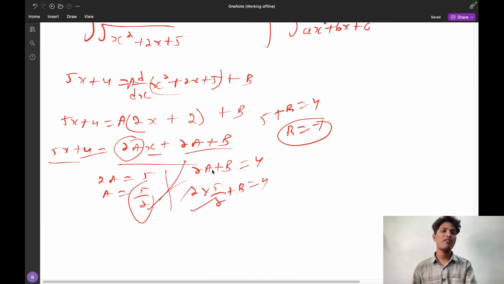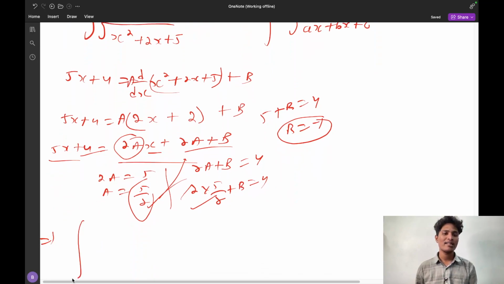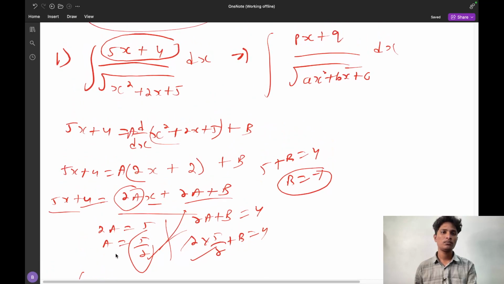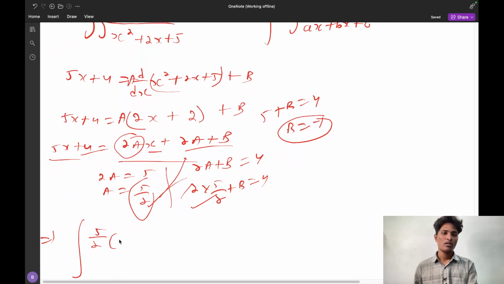I have to use the a and b values, and I can rewrite the integral as 5 by 2 into 2x plus 2, minus 1.